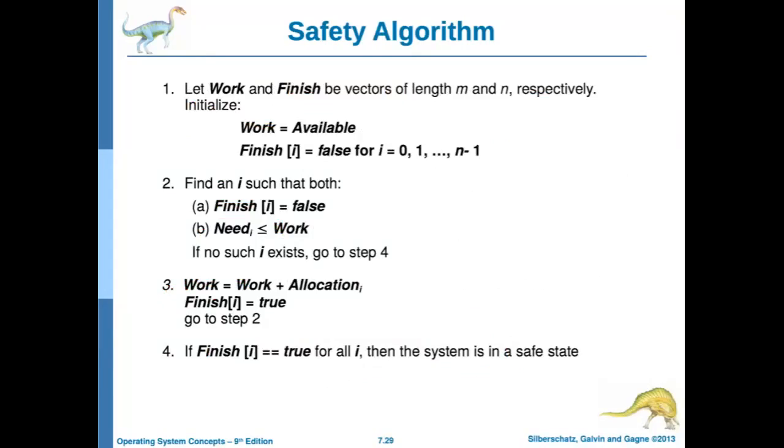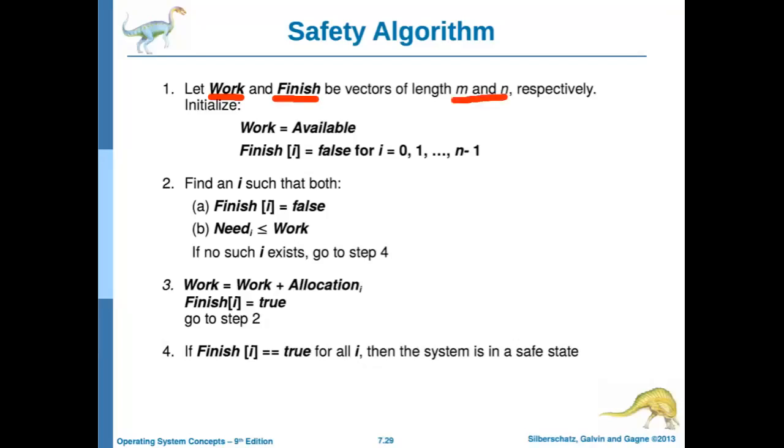Now this is the algorithm. Two more vectors will be taken. They are temporary variables actually. So there is something called work and finish, two vectors of length m and n respectively.